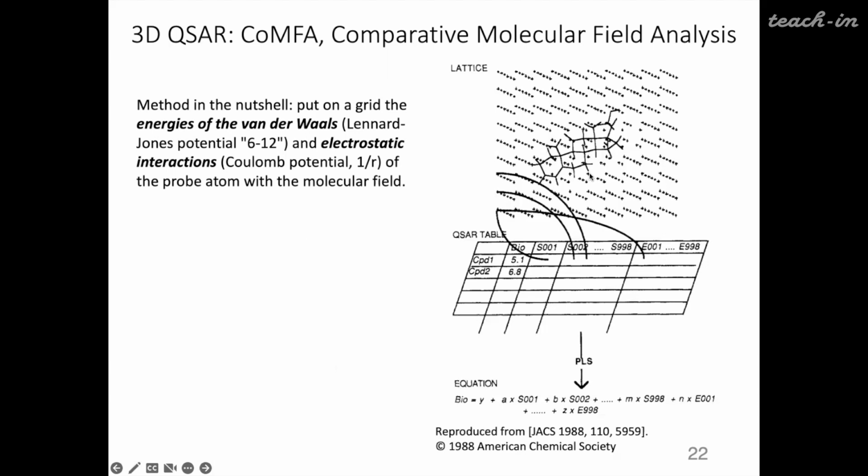So we can use a probe molecule as, for example, a carbon atom with atomic charge +1, the probe atom the authors of this classic study used, and they put this probe atom in points of this lattice and computed values of these two potentials. So this approach is based on molecular force fields.